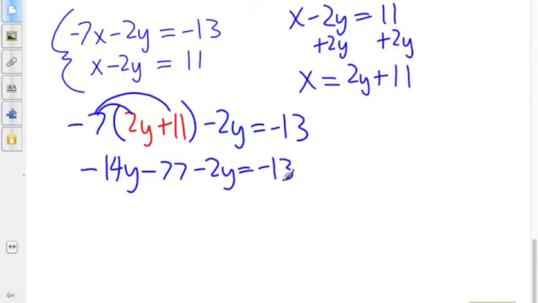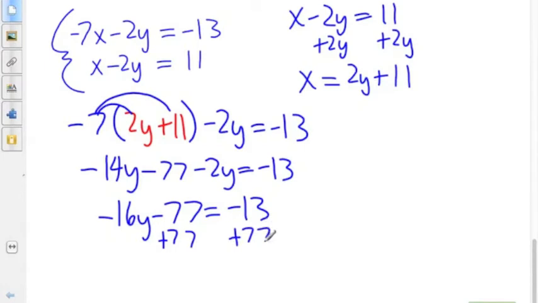Negative 14 minus 2y gives me negative 16y minus 77 equals negative 13. If I add 77 to both sides, then I have negative 16y equals, I want to say that's 64.